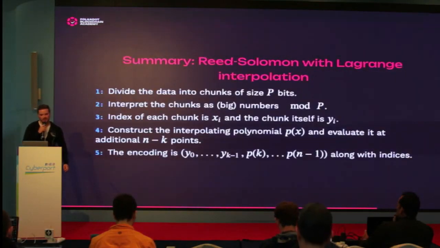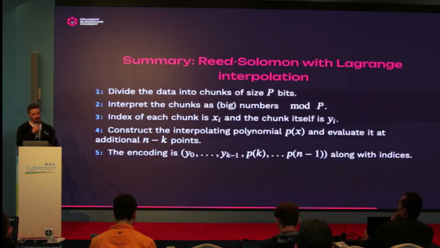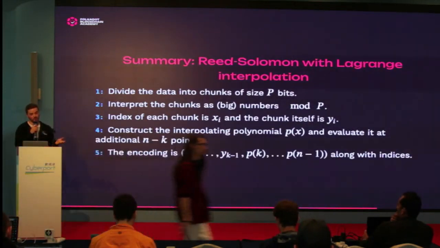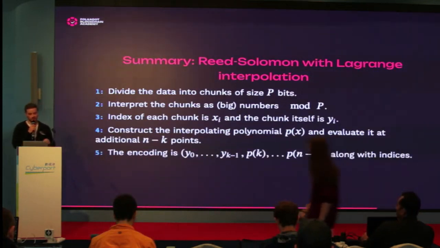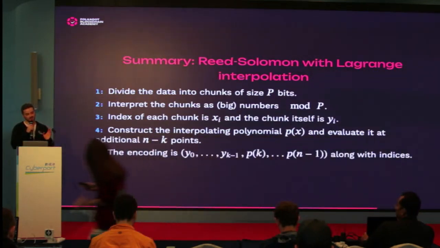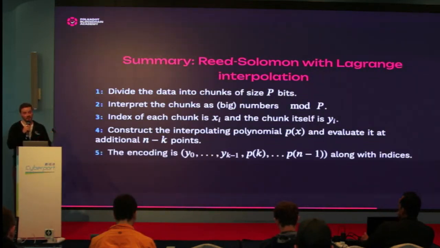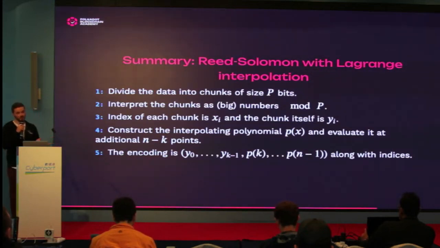All right. So, in summary, how does Reed-Solomon work if we're using Lagrange interpolation? We divide the data into chunks of size p bits. Then we interpret those chunks as large numbers, mod p. The index of each chunk is x sub i, and the chunk itself is y sub i. We then construct an interpolating polynomial, P(x), and evaluate it at an additional n minus k points.